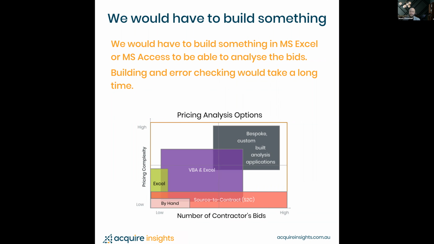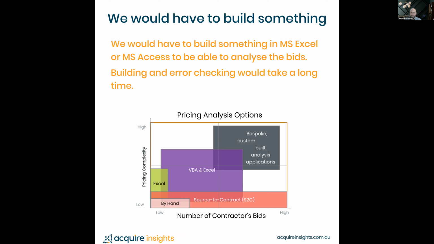The pricing complexity might be things like just how many data points you are dealing with. So, for example, a low number of bids and low pricing complexity might be something like just getting a couple of quotes. You can do that sort of analysis by hand. If there's a little more detail in the price, a few more data points, you probably throw it into Excel, and that's a suitable tool.